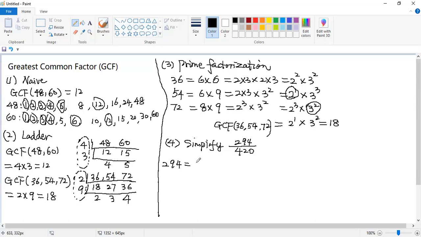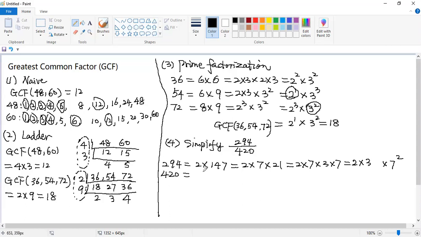So 294 equals 2 times 147, and 147 equals 7 times 21, and 21 equals 3 times 7. So finally, we get the prime factorization 2 times 3 times 7 squared.